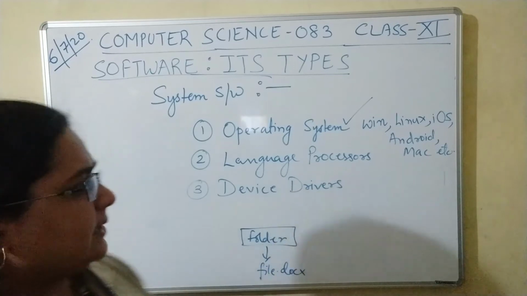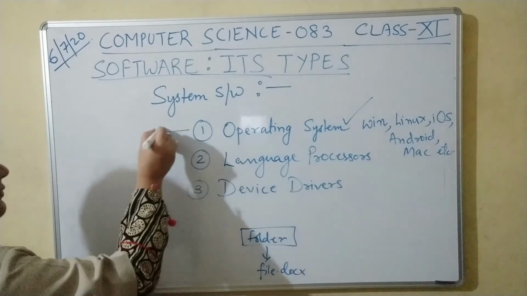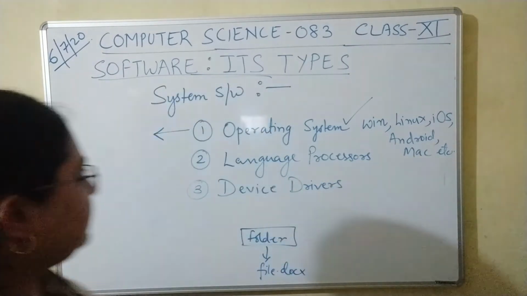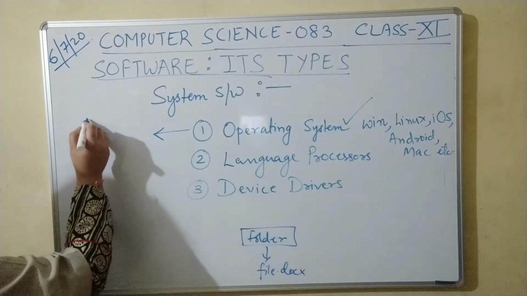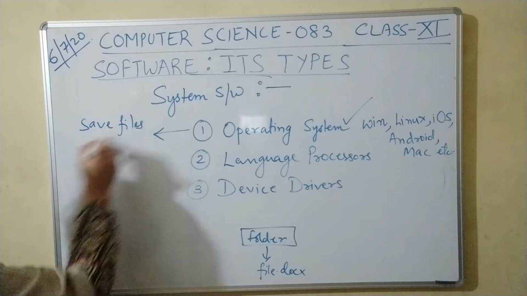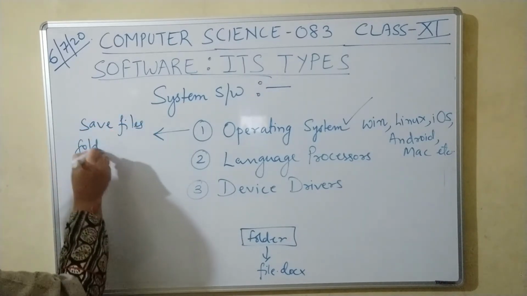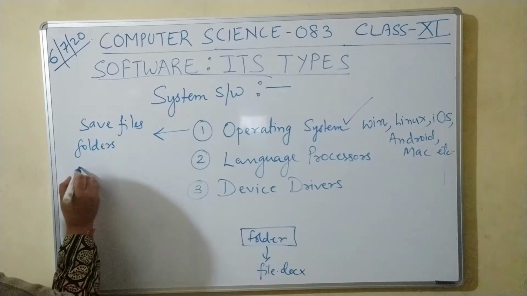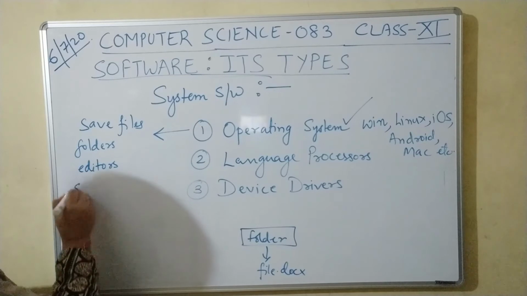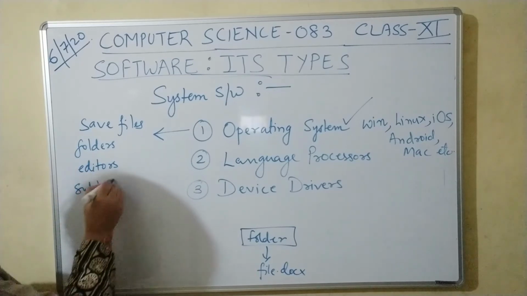Modern operating systems provide us a plethora of different facilities. You can create files, save files, organize them in folders. It provides basic things like text editors, and support for your application programs.